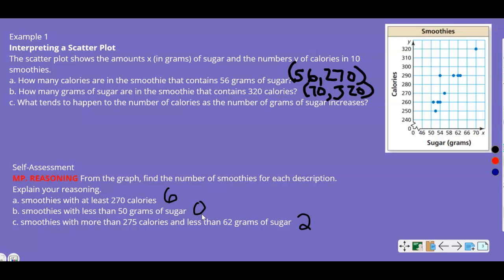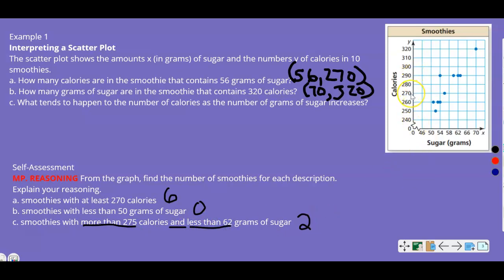All right, C part says find the number of smoothies with more than 275 calories and less than 62 grams of sugar. Okay, so this says and. That means it has to be both. It has to be more than 275 calories and less than 62 grams of sugar.